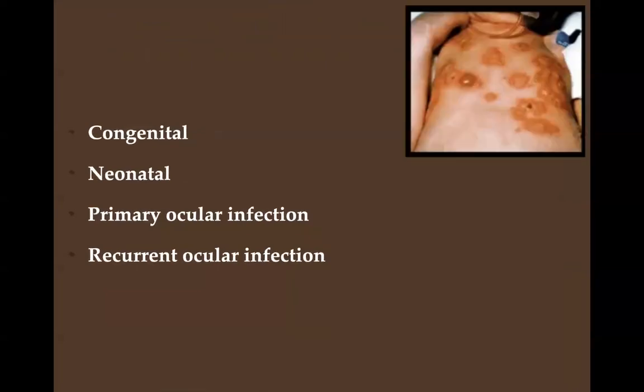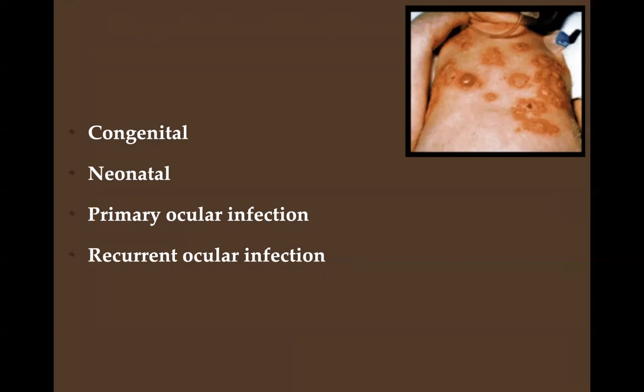The primary infection could be, like in these pictures, congenital or neonatal. Congenital is during the gestational time with a mother infection with herpes simplex virus, or neonatal due to infection with herpes simplex type 2 during passing through the birth canal in infected mothers.